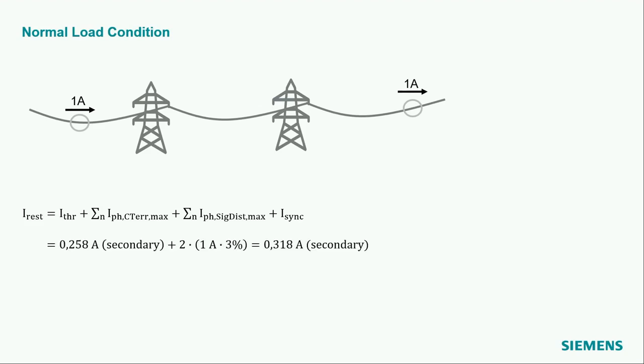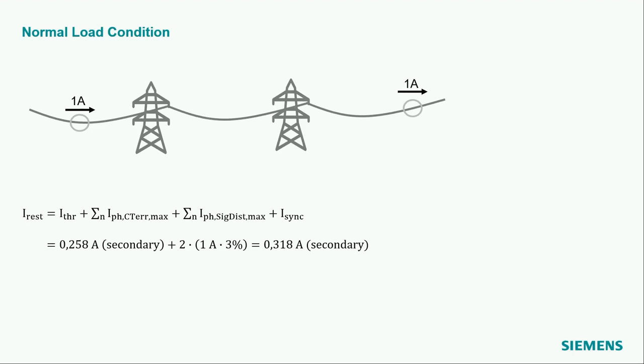Okay, let's do an example calculation. Our threshold value was a setting of 0.248 amp secondary. So this is like a fixed value. The second term here is there to consider the CT errors.